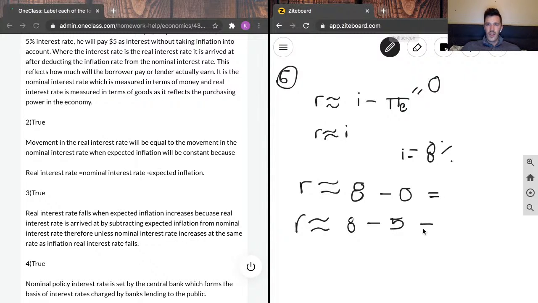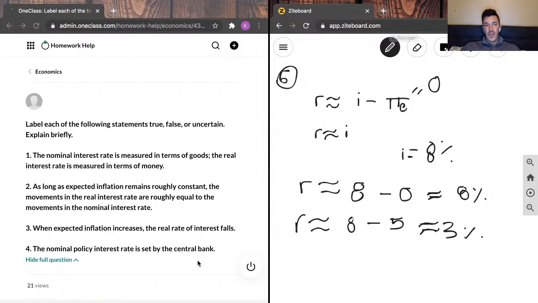So if expected inflation increases, all else being equal, we can see that the real interest rate is going to fall. In the scenario where the expected inflation rate is 0%, the real interest rate is 8%. In the scenario where the expected inflation rate is 5%, the real interest rate is 3%. And I just made the mistake that I've been harping on our junior tutor for making. I wrote equals when it should say roughly equals.